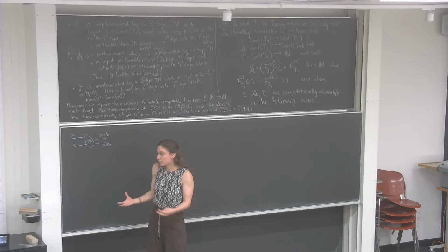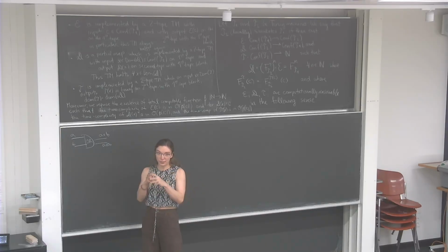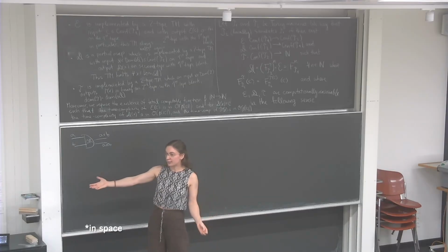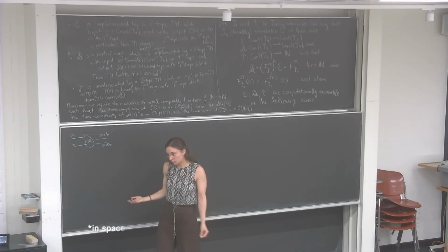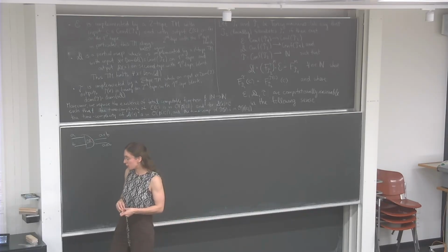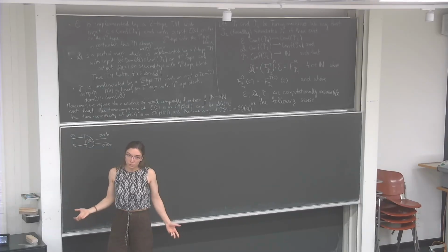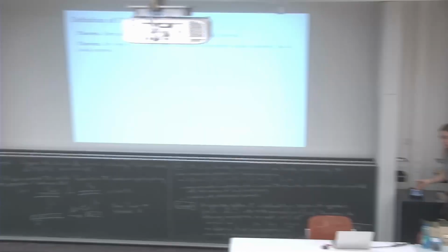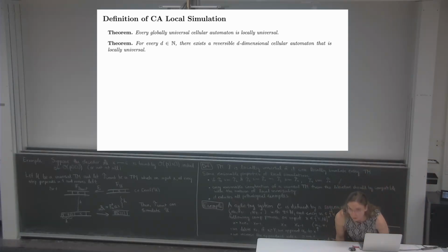But if you have global simulation, you don't have this unbounded space where you can store this garbage, because you only have, let's say, a constant blow up in time, which is what resulted in our result that you cannot have globally universal reversible computation. So in some sense, reversible systems can compute, but there is a price to pay for it, which is this bookkeeping of the extra bits that will allow you to reverse the inherently irreversible logic gates.